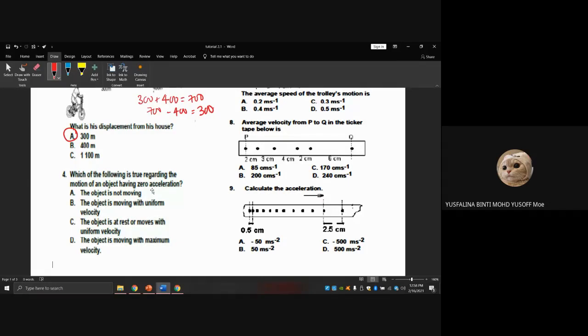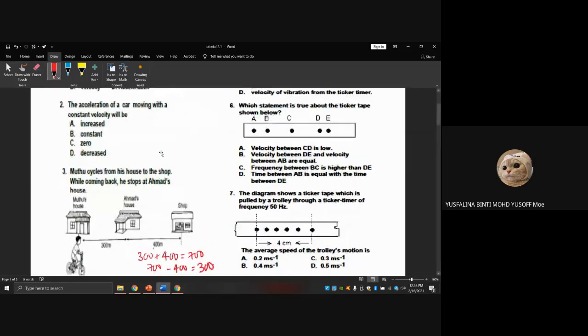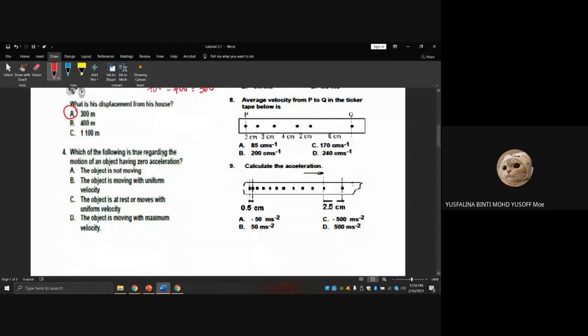This one is actually the same as question number 2 if I'm not mistaken. So if 0 acceleration means the velocity is uniform, or we say constant velocity. So the answer is B. Okay, very good. Right, last one, number 5.